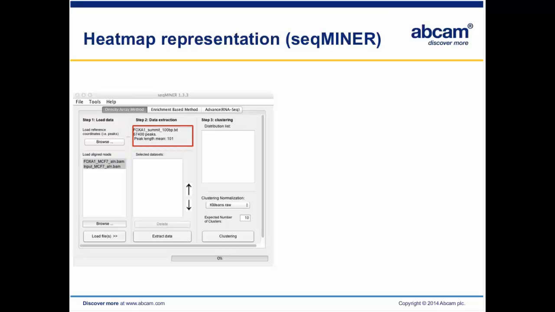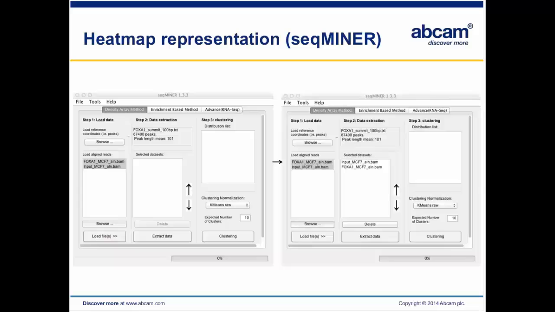In the Load Aligned Reads section, choose the BAM files just downloaded, and then click Load Files. These two files will be loaded into memory, and this seems to be the time-consuming part of all the analysis in seqMINER. After it is done, the dataset will be shown in the middle.